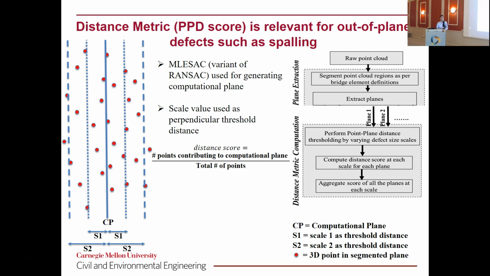But if the defect becomes much smaller, say falls under the CS1 category, then we can expect the PPD score of it to drastically decrease. And this large decrease corresponds to a decreased chance for us to actually detect the defect and suitably use it for condition assessment.